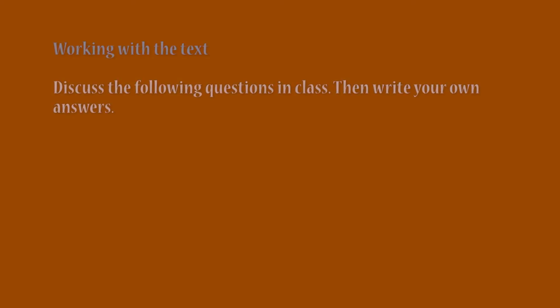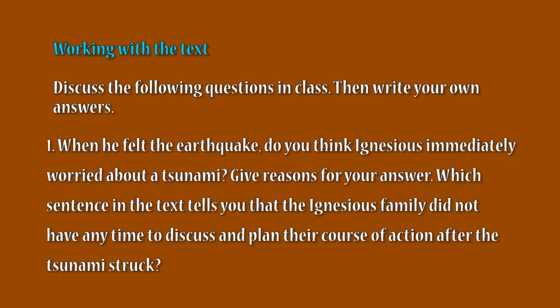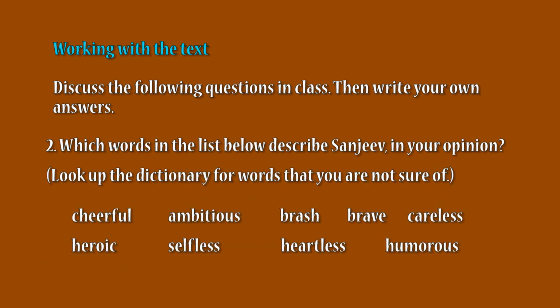In task 1, working with the text, you have a few suggestions on things to do. For example, question 1 asks you to find some words and sentences in the text which talk about the tsunami, and you can do them later. That's not very difficult for you, because we have already started doing that. You can do more of that. And in question 2, there are some words which you will use to describe Sanjeev.